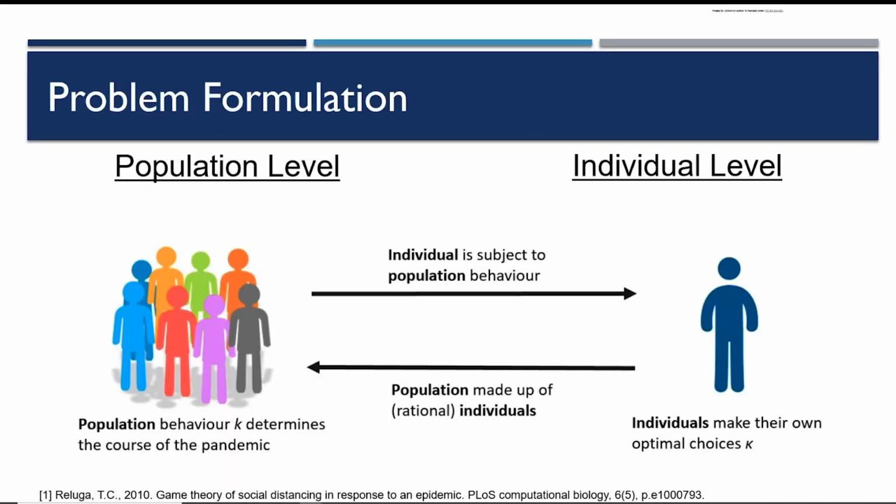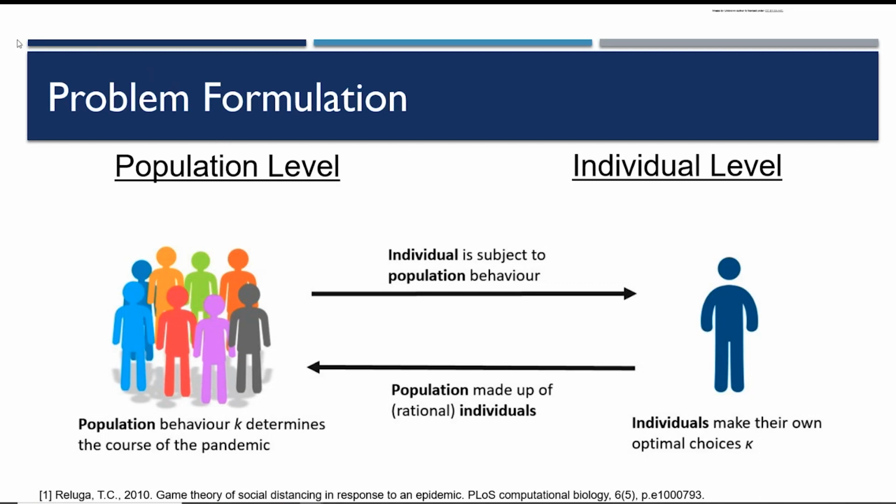So the majority of this work is sort of influenced by this paper by a guy called Reluga on the game theory of social distancing in response to an epidemic, where he models epidemics as what's called a mean field game. The basic idea is that you've got this population of individuals, and these individuals are each seeking to make their own optimal choices, which we call kappa in this presentation, which usually represents how much they're socially distancing from other people.